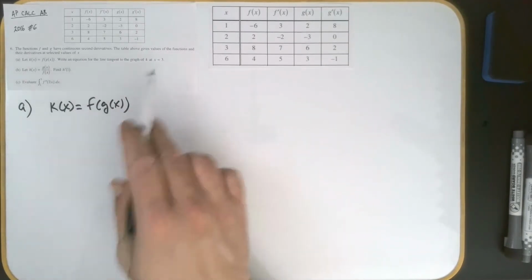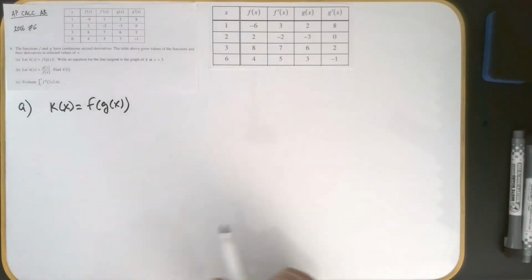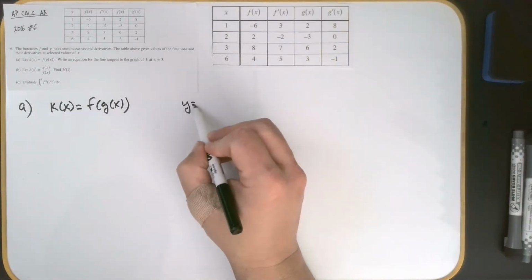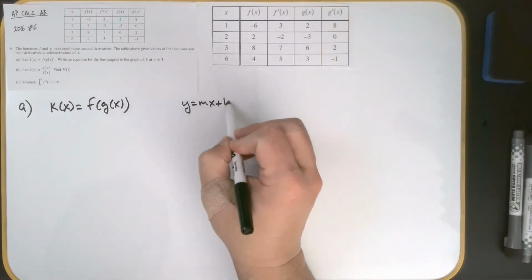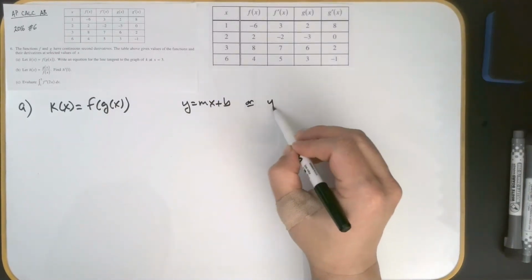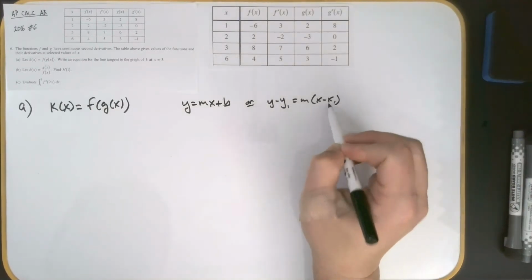Then it says write an equation for the line tangent to the graph of k at x equals 3. Well, you frequently get asked in calculus to write the equation of the tangent line. Depending on your preference for format, you can do y equals mx plus b, or other students like y minus y sub 1 is equal to m times x minus x sub 1.